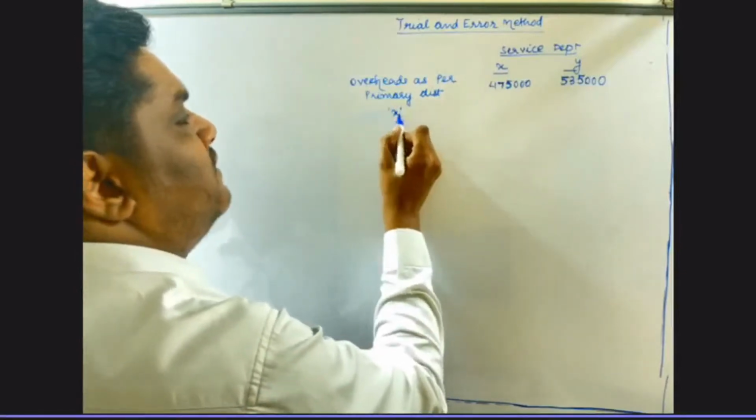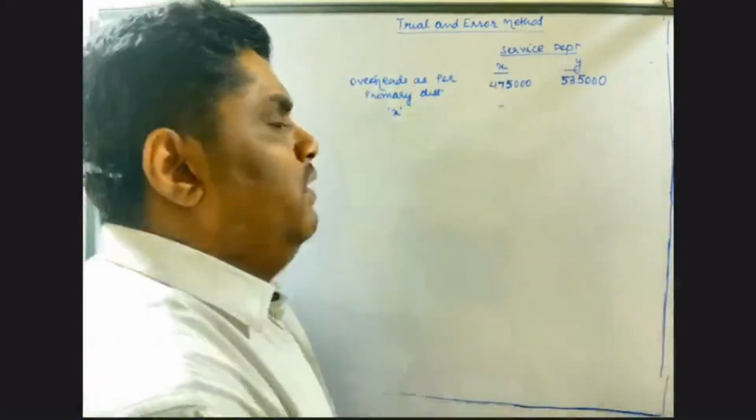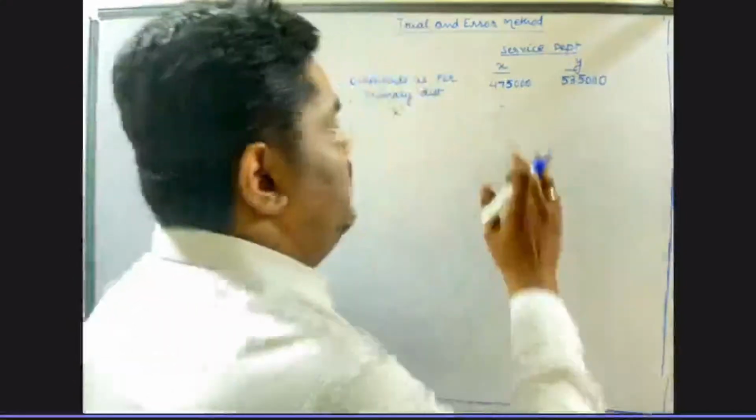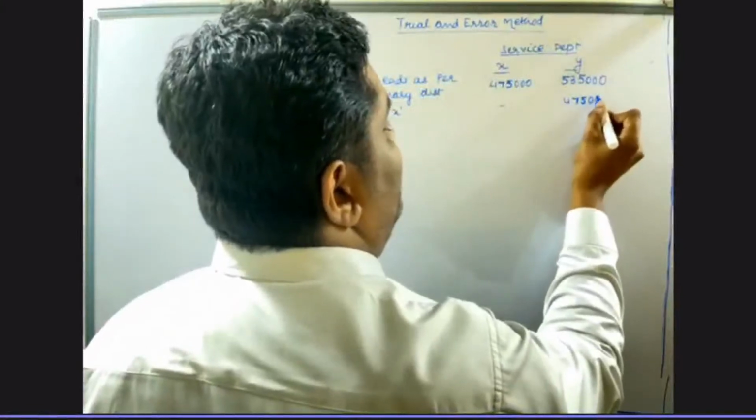So when talking about X, 10% of the overheads of department X goes to Y. So 10% of X means how much? 47,500.